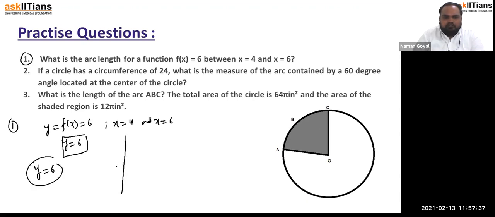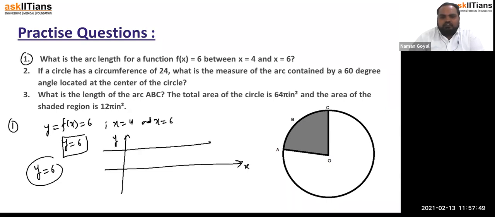If you know how we draw the line y equals 6, see here, this is the x-axis, this is the y-axis. The line y equals 6 is a line parallel to the x-axis. It means for every point that lies on this line, its y coordinate is always 6.